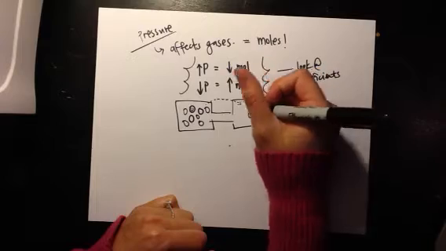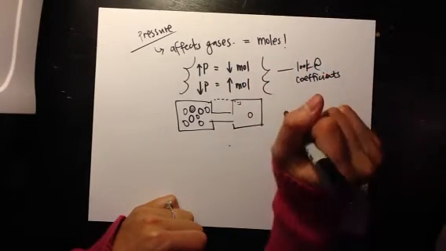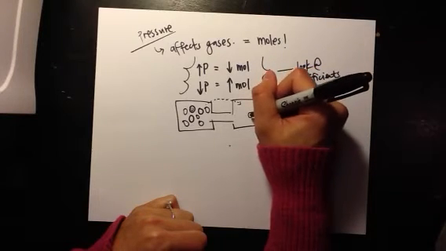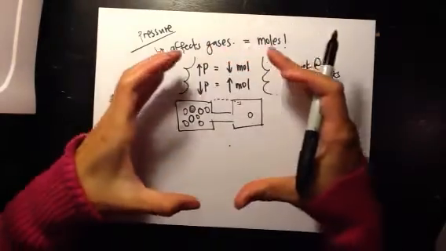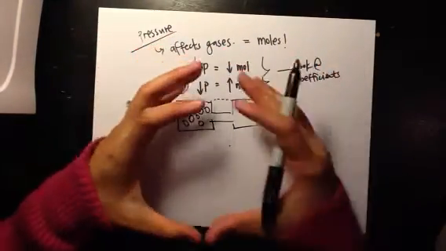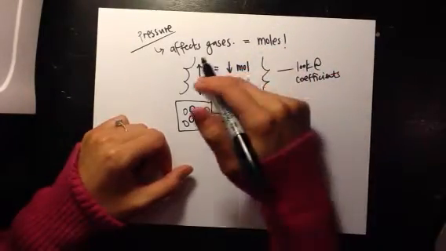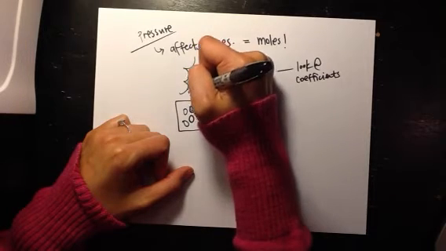Now, if you decrease pressure, you're actually going to shift to the side with more moles. I can't think of a better analogy than a party. Who wants to be this kid at the party? Nobody. You want to go to where the party's at. So if you open up the space, you want to be in a place with more people. So if you decrease pressure or increase the volume, decrease volume.